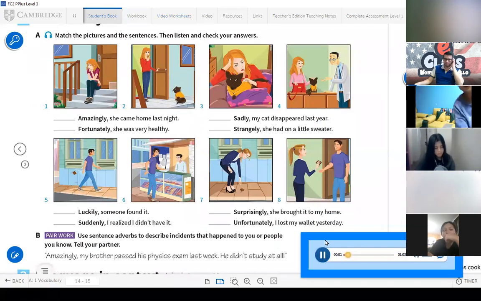Unit 2, Personal Stories, Lesson A. What were you doing?